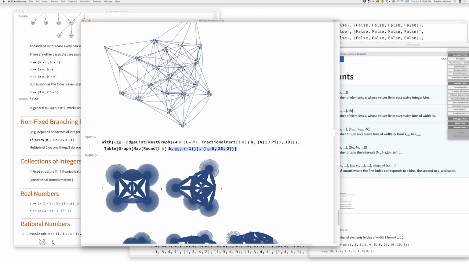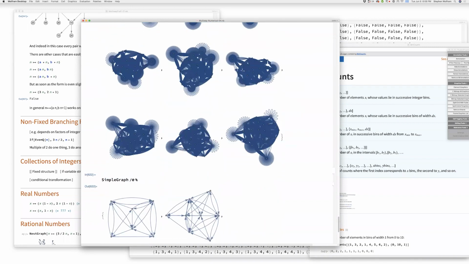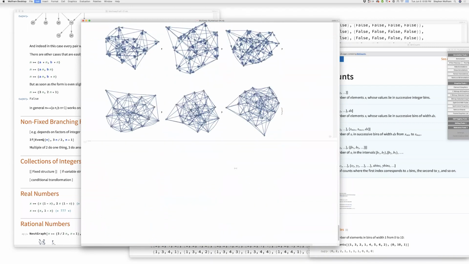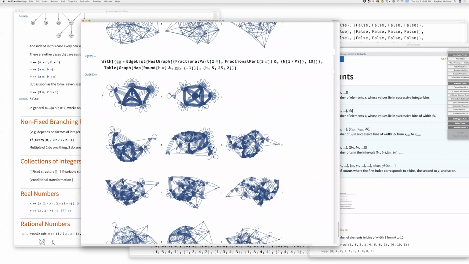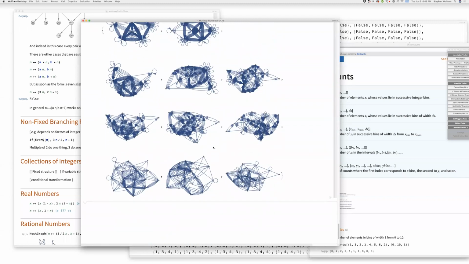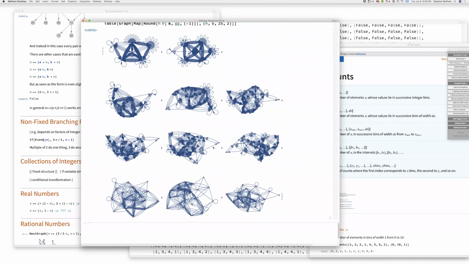So maybe we should try a different underlying function. What underlying function should we try? We could try just the fractional part of 3, fractional part of 2 case. I don't know what these mean.